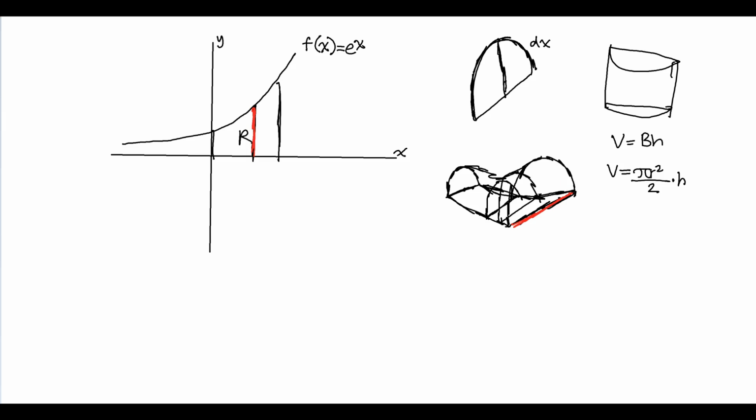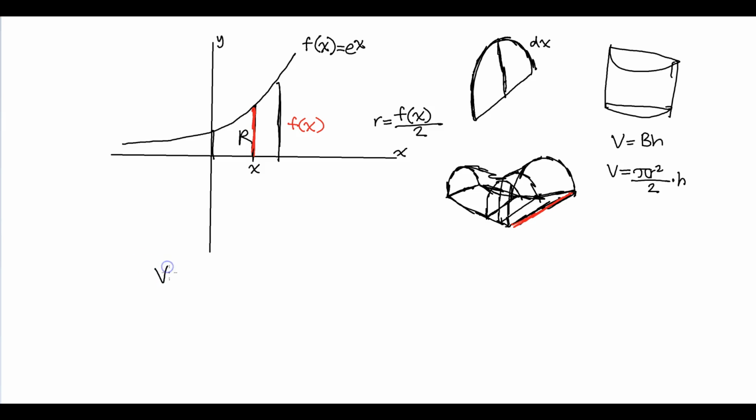If this is at point x, then the red length will be f of x. However, the radius will be f of x over 2. So now we should express it in terms of f of x, since we have a dx over here, and then we can integrate.